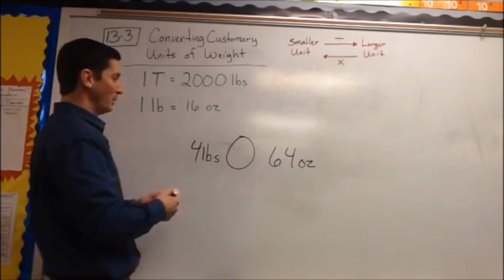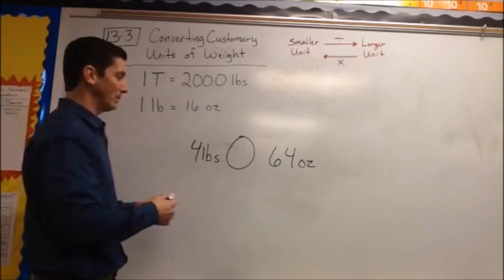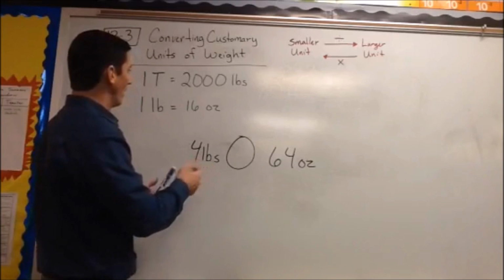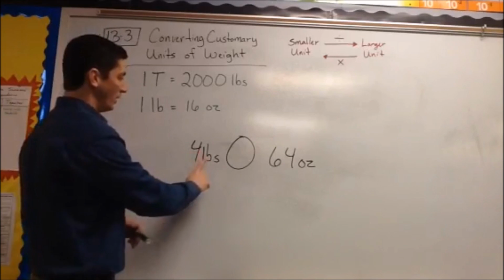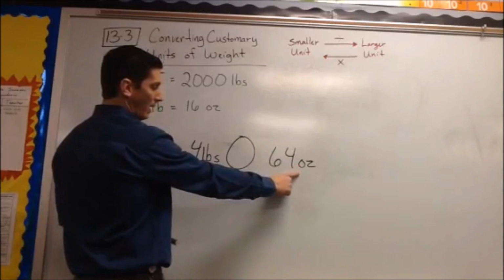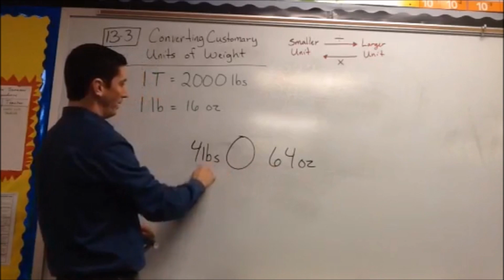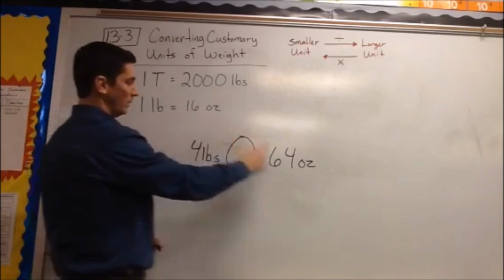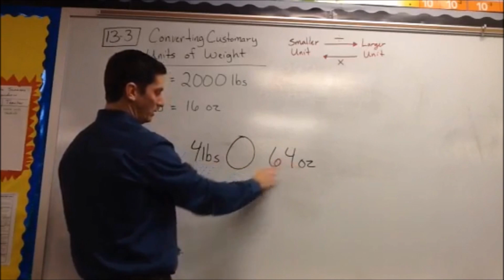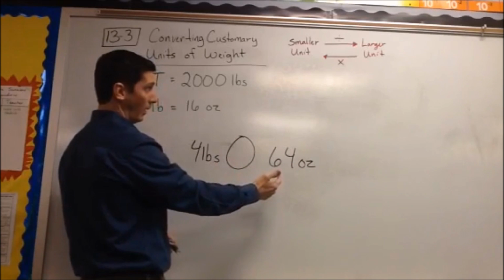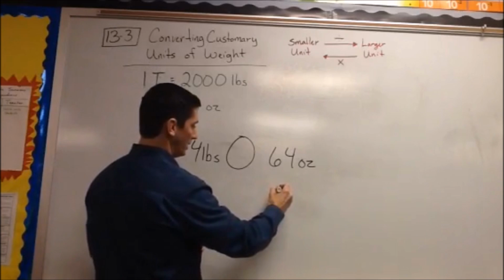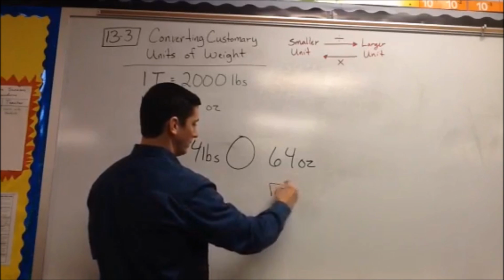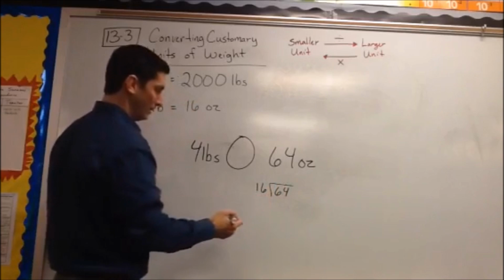Since I did multiplication last time, I'll go ahead and do division, even though I don't really want to. I know it has to be done. So I ask myself, how many ounces are in 1 pound? 16. So if I'm going from a smaller unit to a larger unit, I want to divide. So I take 64 divided by 16.